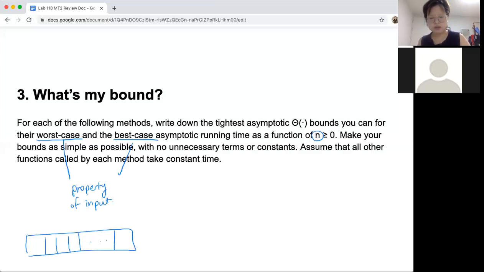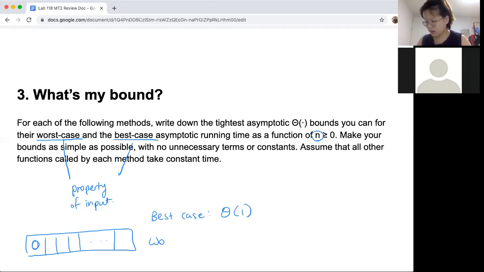And by best case, I mean what type of array would make my function execute most efficiently in the smallest number of steps? And the answer to that is if I pass in an array where the first element is 0, right? Because then I know that I'm going to terminate immediately. So the best case, it's going to take constant time.